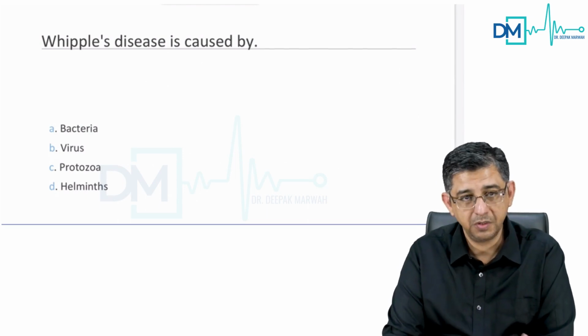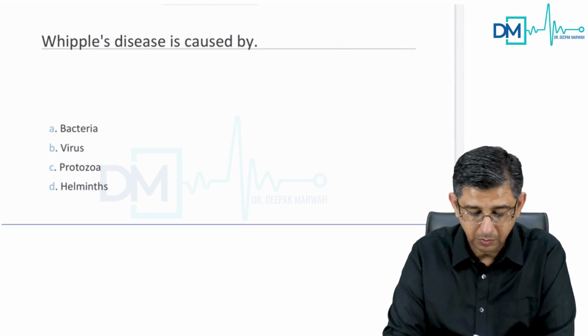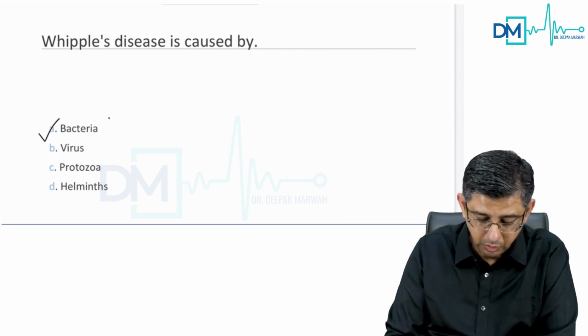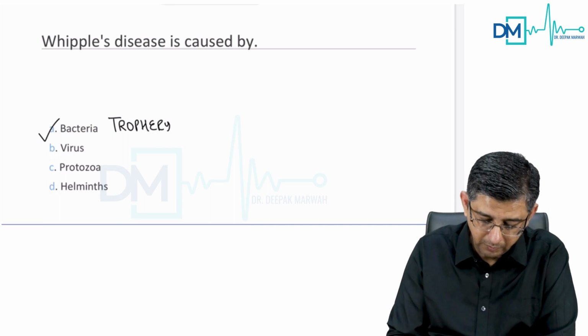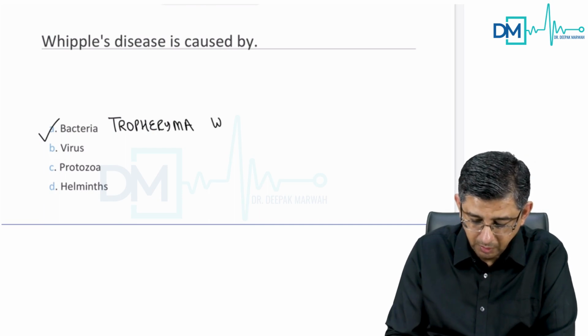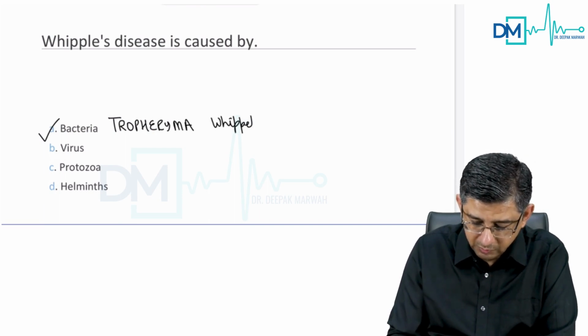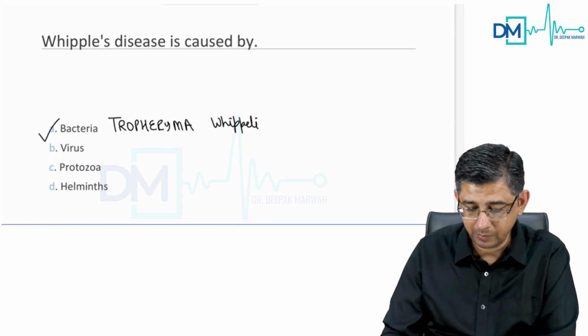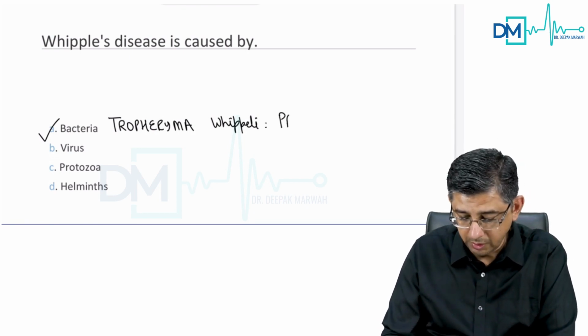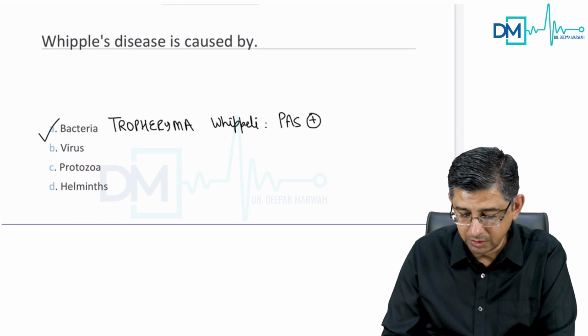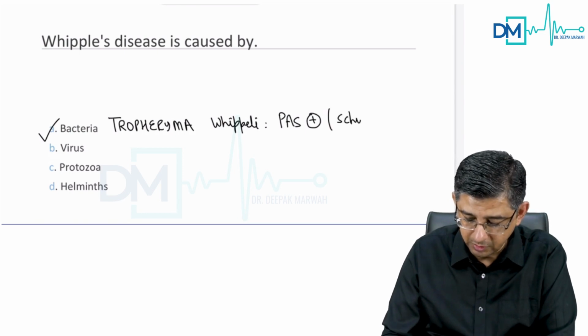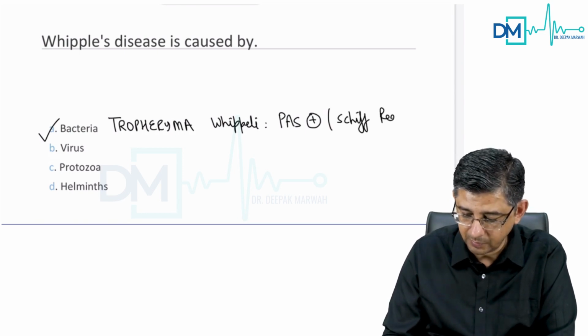One of the easiest questions of this exam, right? Whipple disease is caused by, that would be bacteria. This would be a bacteria by the name of Tropheryma whipplei. A bit of a tongue twisting name. Well, what does this bacteria do? It causes malabsorption syndrome. This organism can be stained by a reagent called Schiff's reagent, or PAS.